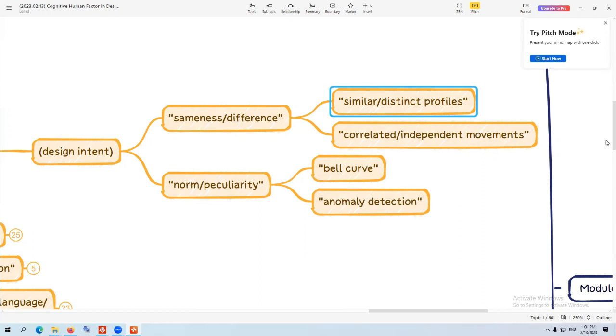The other one in terms of sameness and difference is sameness and difference in behavior. You will see this a lot more in time series, and when we go to actual examples, you'll see. For example, I can plot the price of Bitcoin versus the price of another speculative asset, say platinum.